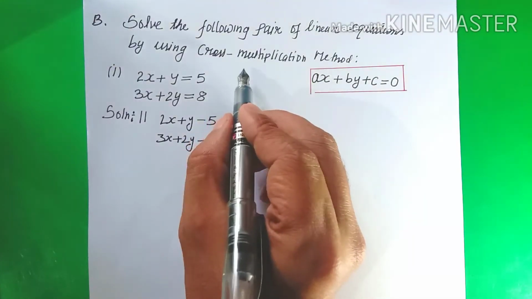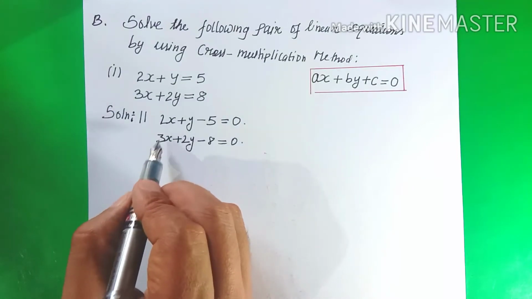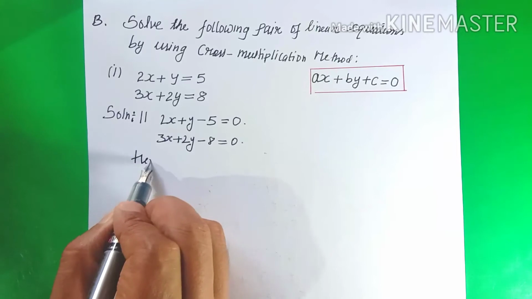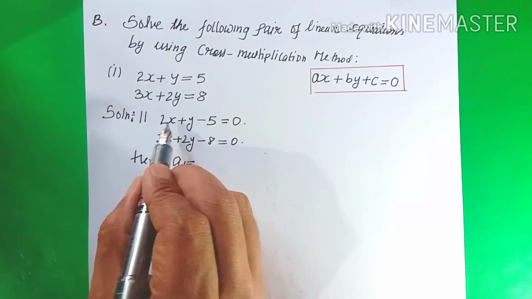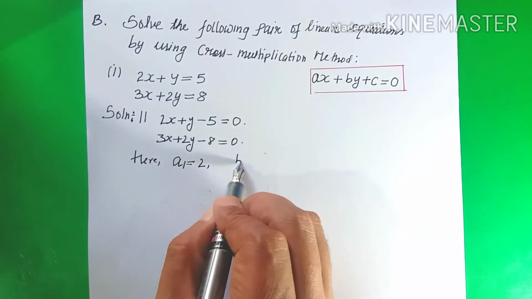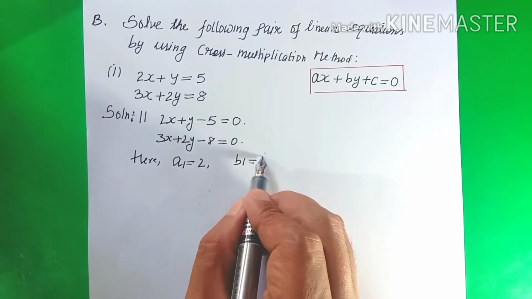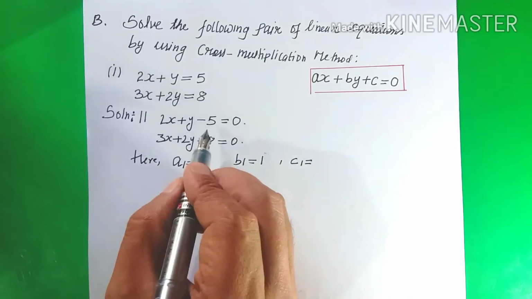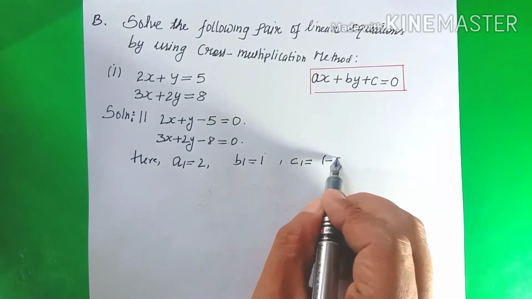Now before we apply the cross multiplication method, one must pick out the values of a, b and c. Here a1, the coefficient of x from equation 1, is 2. b1, the coefficient of y, is 1, and c1, the constant term, is minus 5.